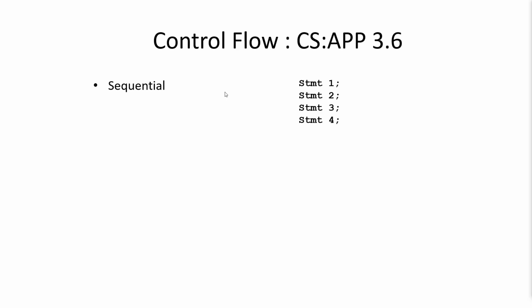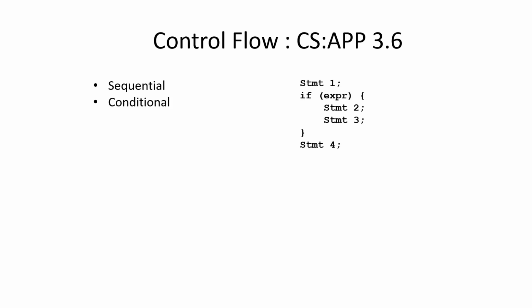But we've got some really cool things we need to be able to do in higher level programming languages. The next one would be conditional statements. For example, the if statement. If you think about my very first programming class, what's the most basic thing we're looking at? We're going to break that sequential mindset. So here we go. We'll execute statement 1.